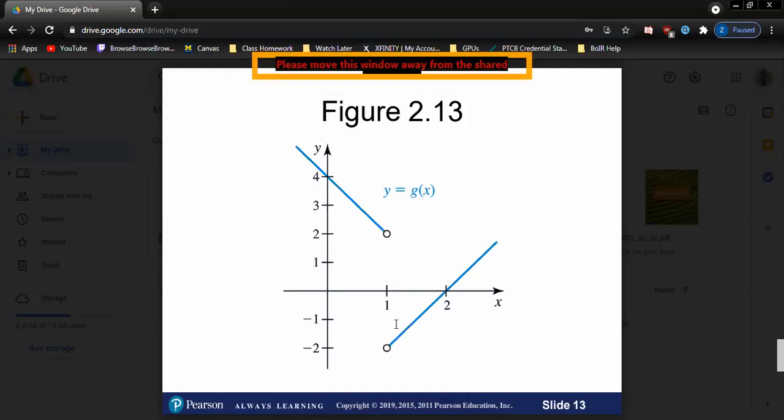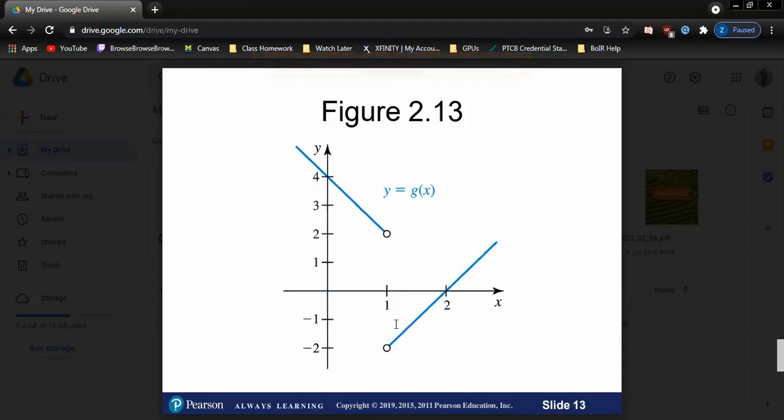Now a quick question. What should be the limit of this function when x approaches 1? It will still be -2. Anyone else?